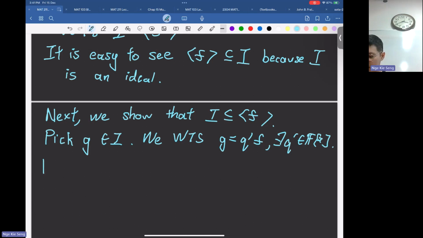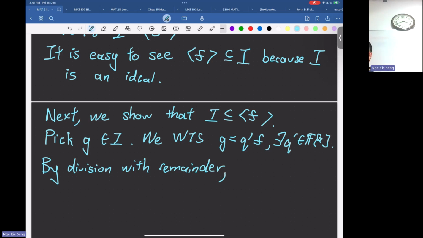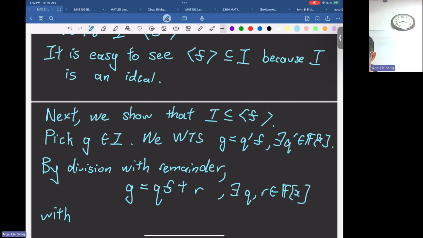So by division with remainder, I can divide g by f, plus some remainder, where the remainder r has degree less than the degree of f. Correct or not?